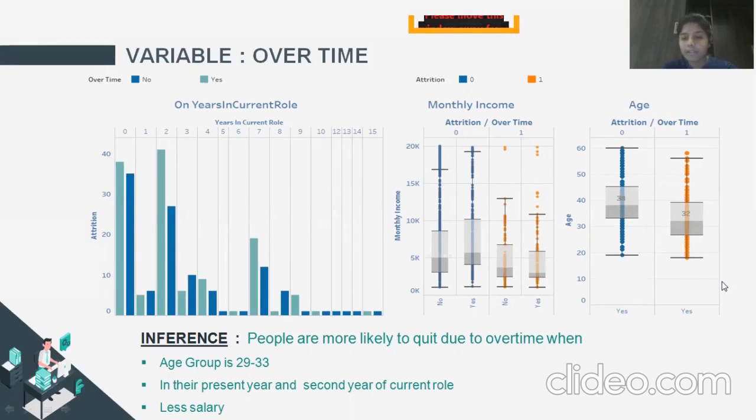We can also say that lower age level people are ready to take the risk of quitting the job. From these inferences, we can conclude that employees who are quitting at lower age levels and who receive lower monthly income are likely to quit in the present year and the second year of their current role, which is due to the affecting variable overtime.